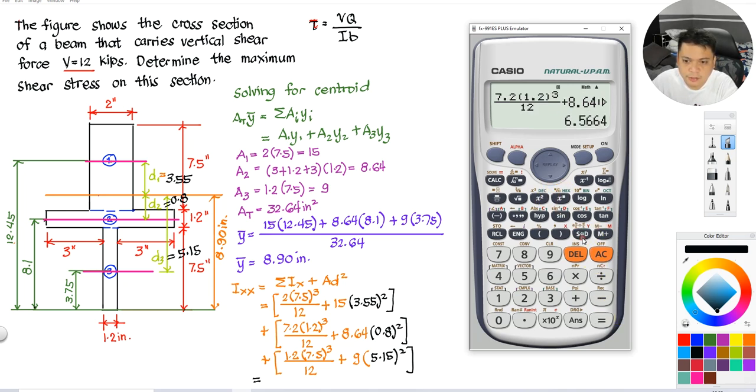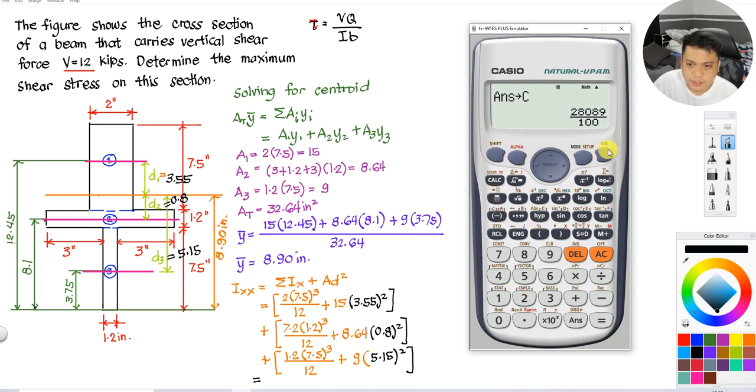So, again, you will be having here 6 point and then shift store sa B. Okay, and then lastly, I will now have 1.2 times 7.5 cube all over 12 plus 9 times 5.15 squared. Okay? So, I will now have this value. And then, shift store sa C.